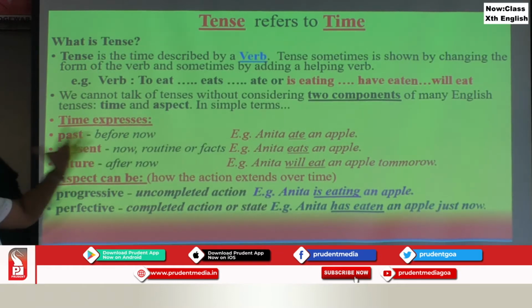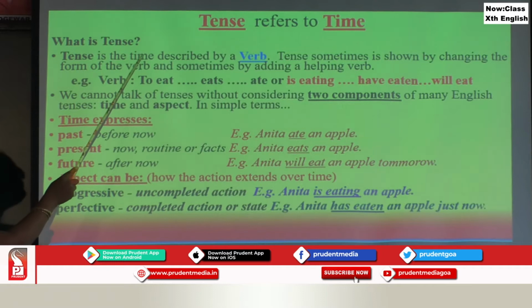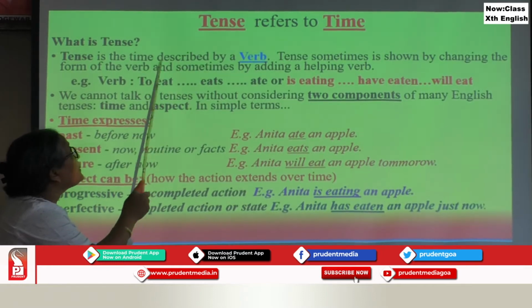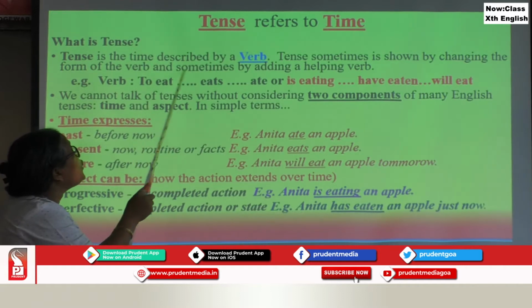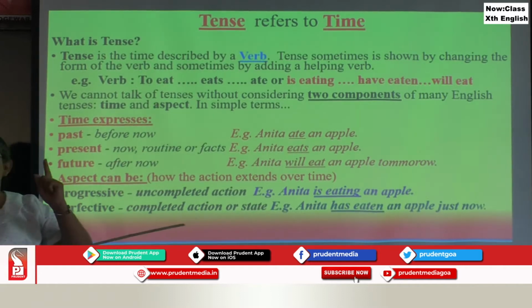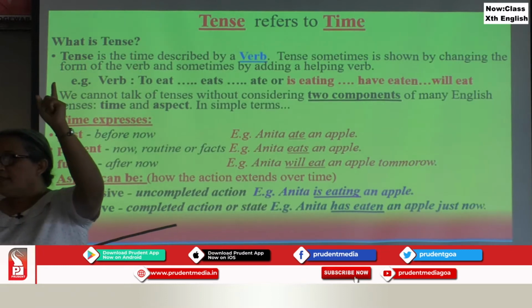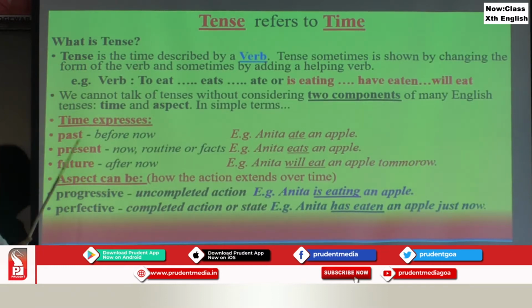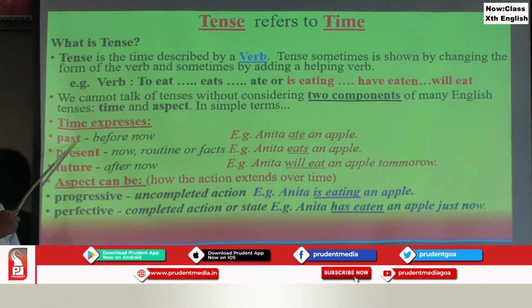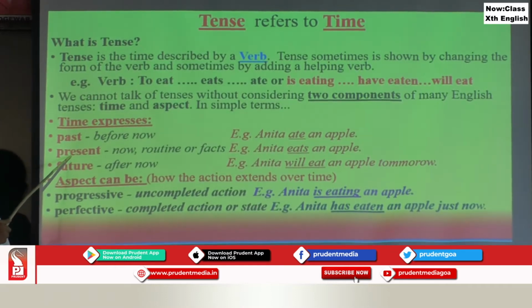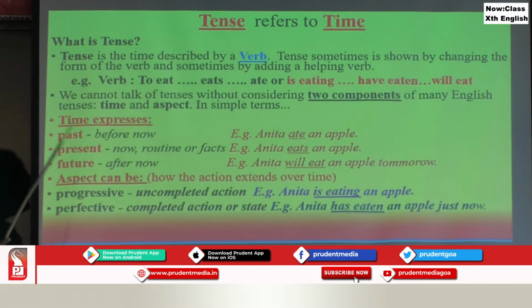Now, what is tense? Tense is time described by the verb. The verb tells you at what time the action had taken place. Did the action take place in the past? Did it take place in the present? Or did it take place in the future?